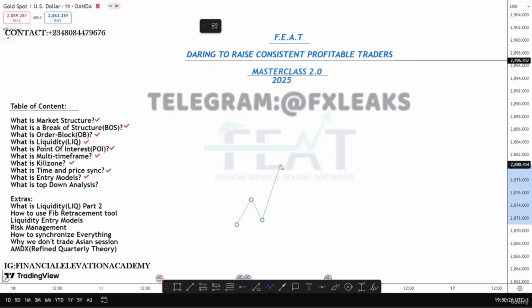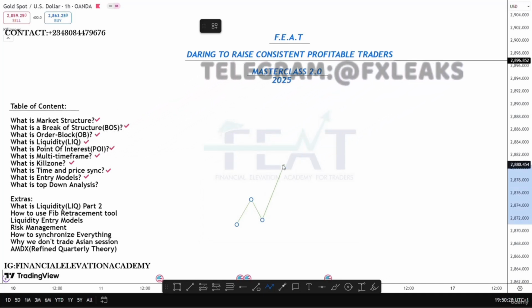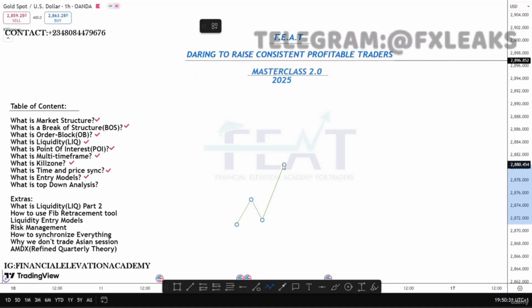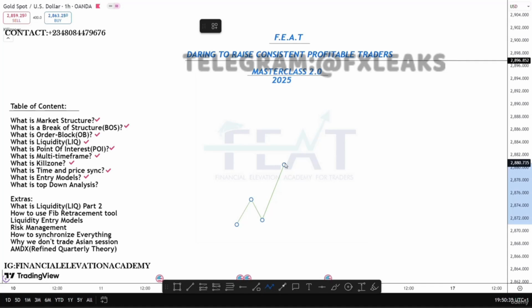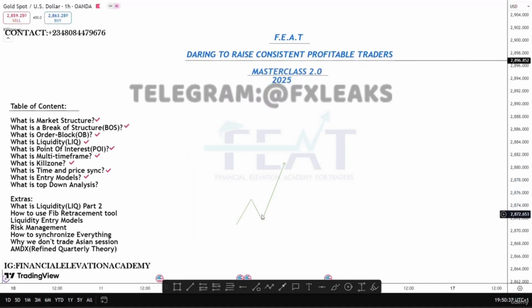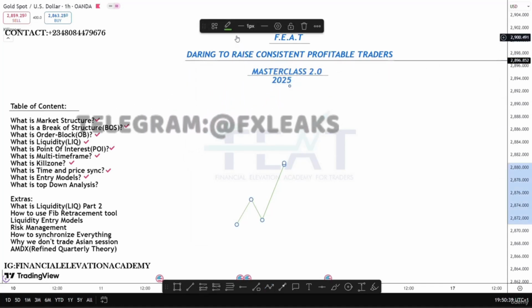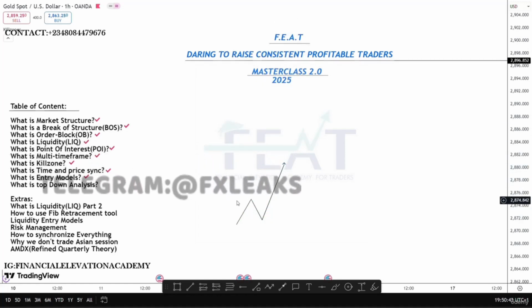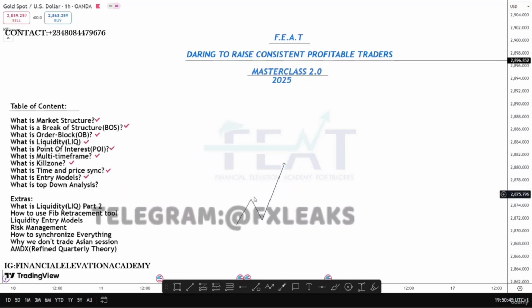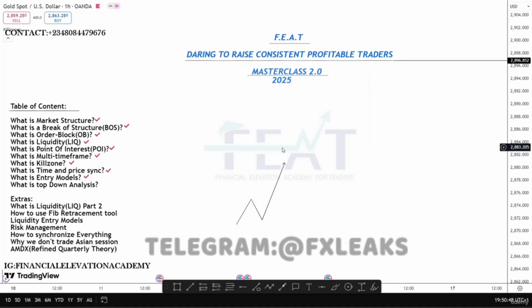So currently the market is like this on the monthly. Let's assume this is a monthly chart. Let me change the color real quick. Alright, so let's assume this is the current market structure. So we can say this is a bullish structure, right?